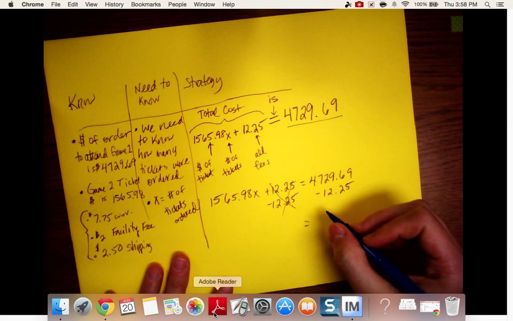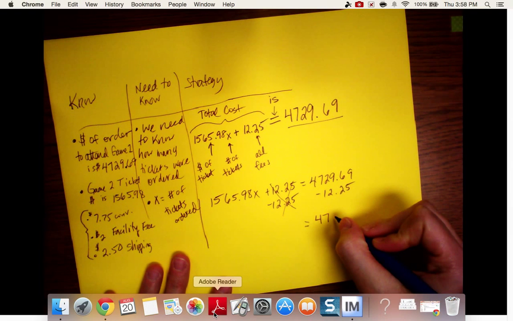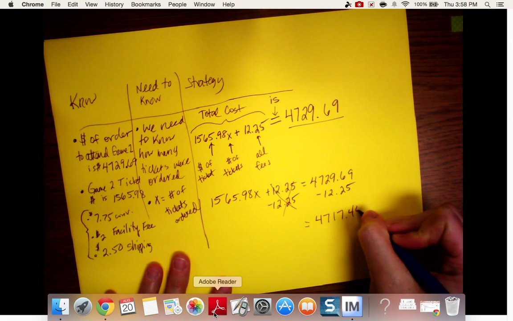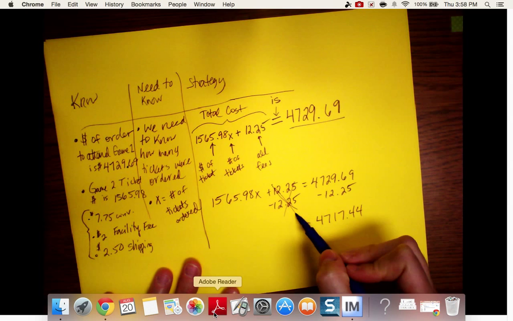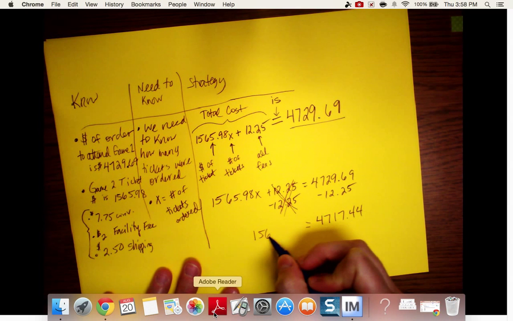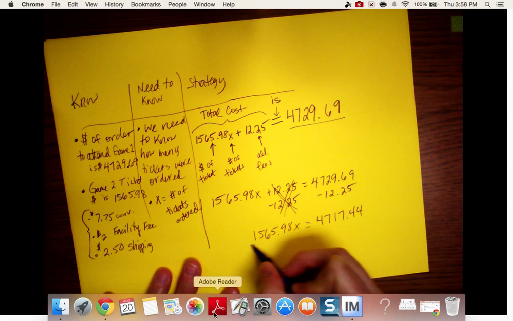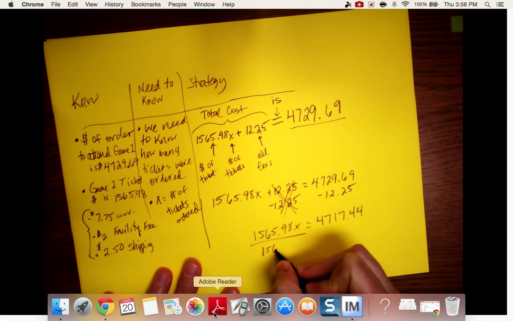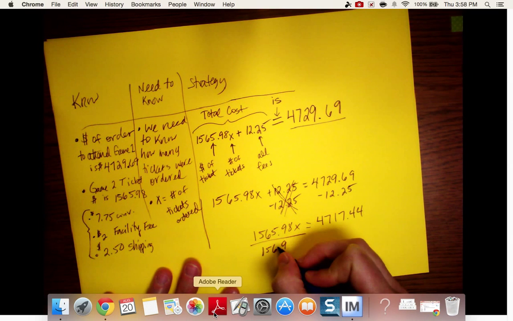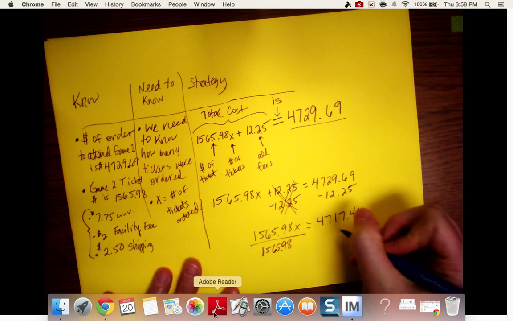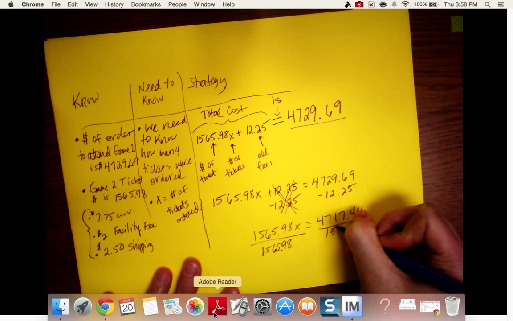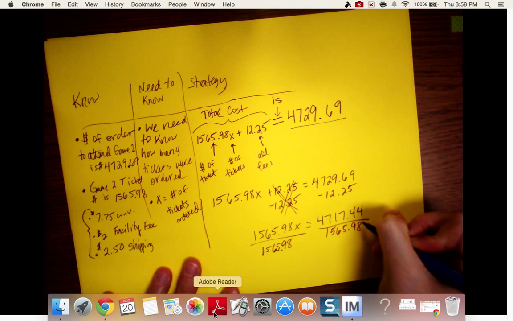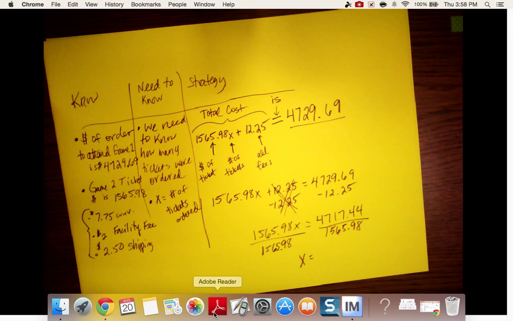So I get 471744. And then this goes away, so I bring down that, and I'm going to divide by the cost of one ticket, so we can see how many tickets were bought.